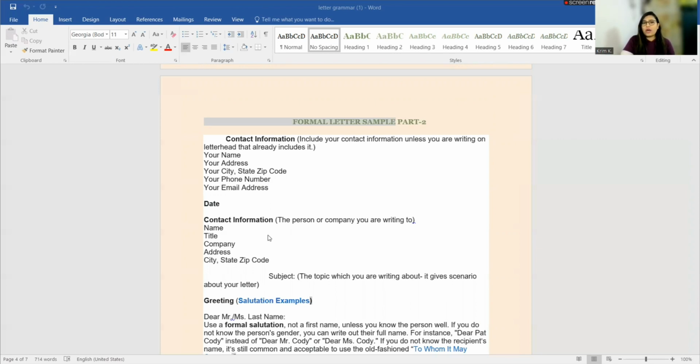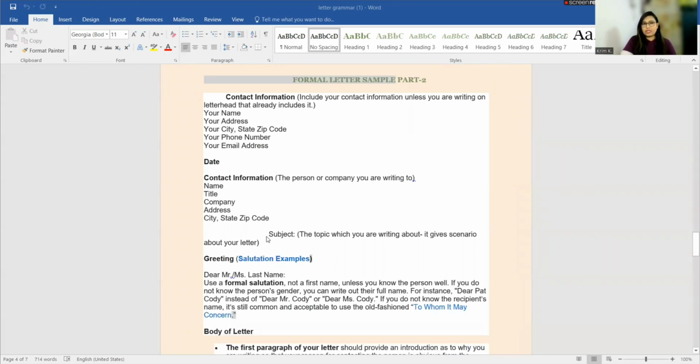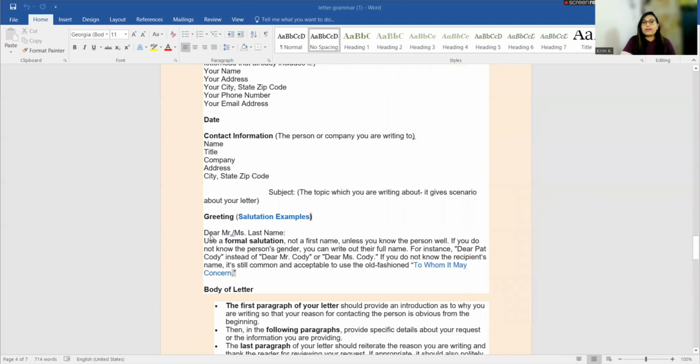Then the contact information of the person or company you are writing to: name of the person, title, company, address, city, state, and zip code. And don't forget to write the subject over here, because the subject is very, very important. Then the greeting: here you can write "Dear", "Respected Sir" or "Respected Ma'am".